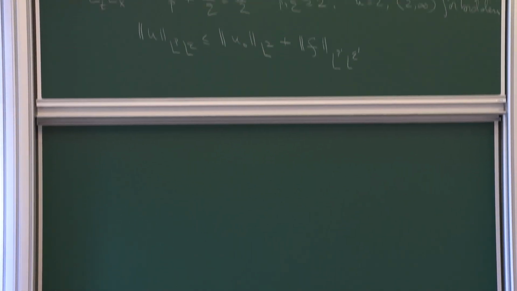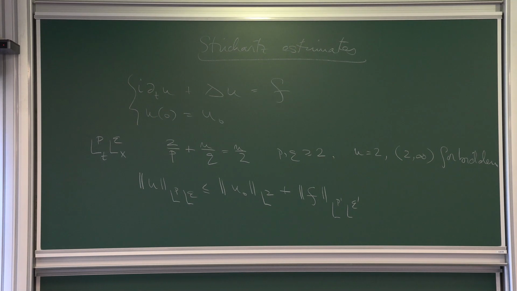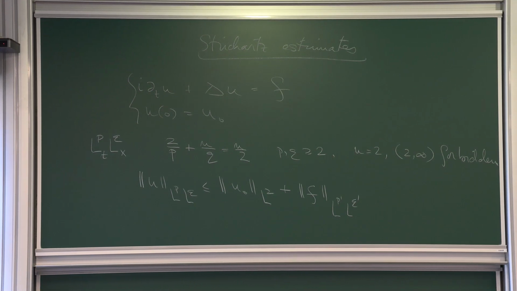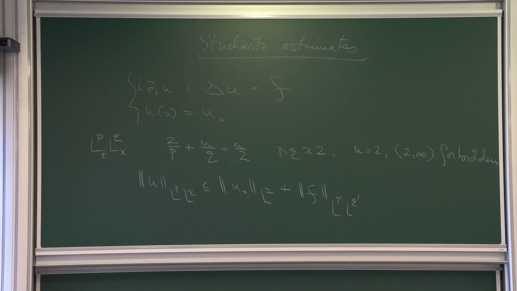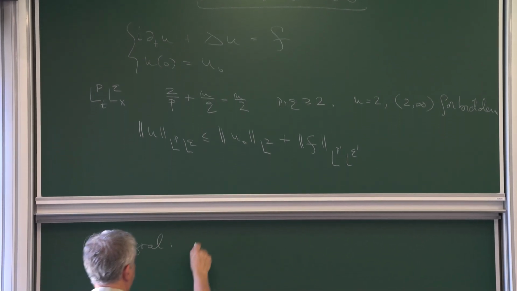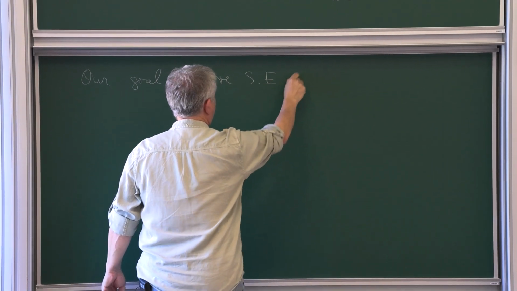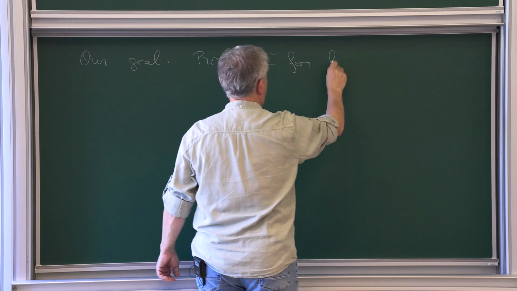So now, returning to the context of the previous lectures, we care about proving this kind of Strichartz estimate. So our goal is to prove Strichartz estimates for what we called paradifferential problems.